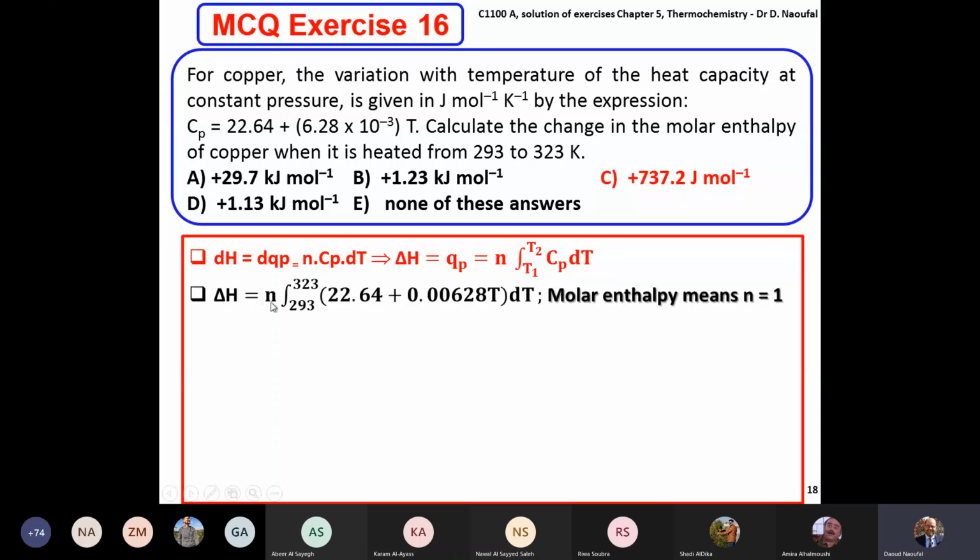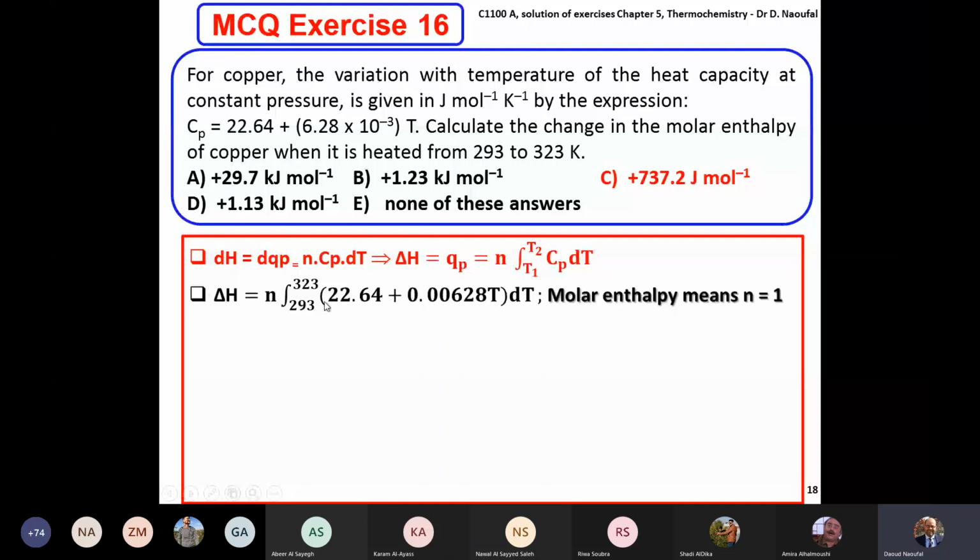So delta H equals n, from temperature initial 293 to temperature final 323. Pay attention, T1 and T2 should be in Kelvin. In some exercises, the temperatures are given in degrees Celsius. We have to transform to Kelvin.